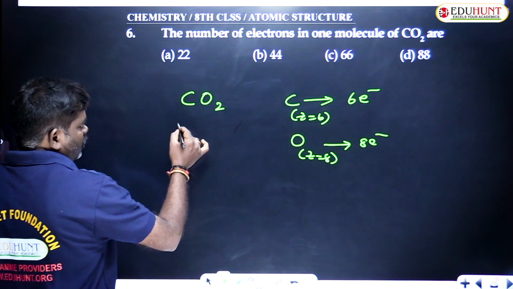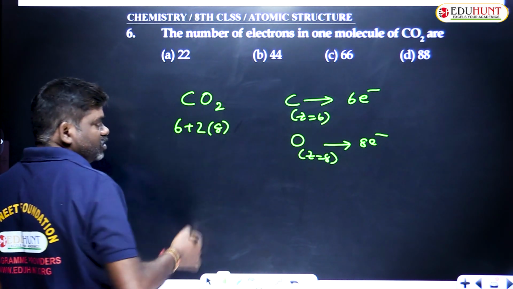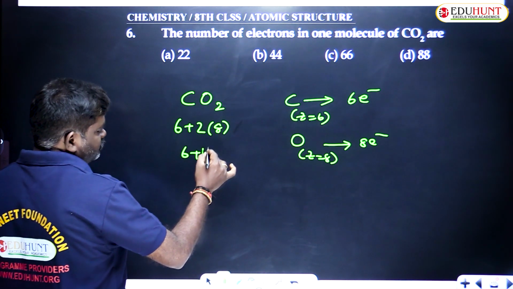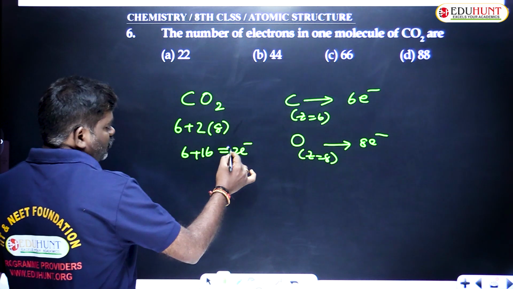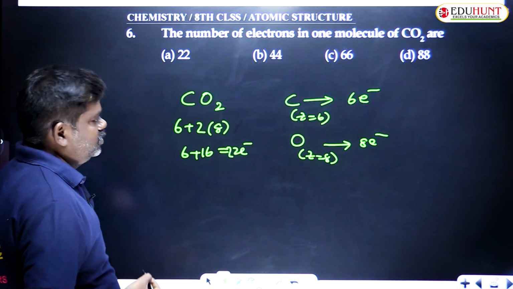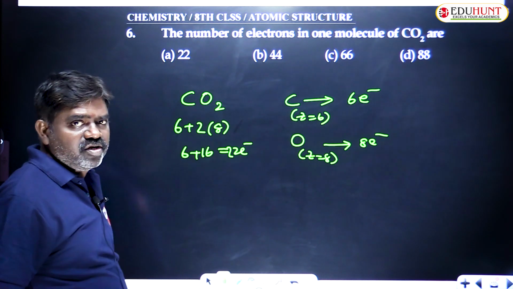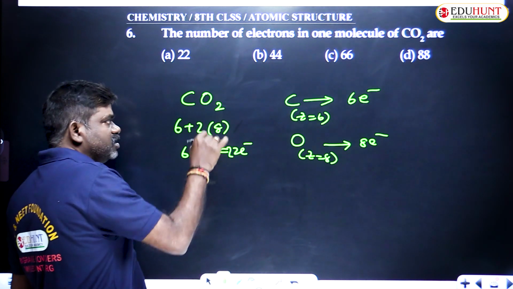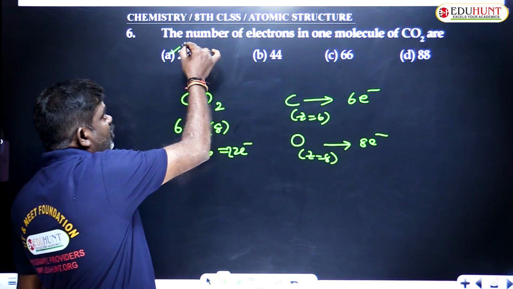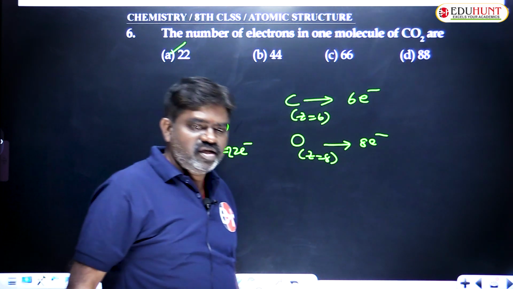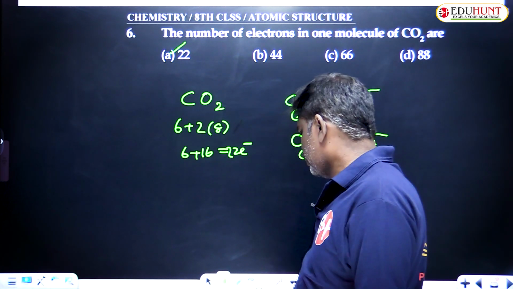Carbon 6 plus 2 into 8, so 6 plus 16 is equal to 22 electrons present in carbon dioxide, because 2 oxygens are present. CO2 contains a total of 22 electrons.